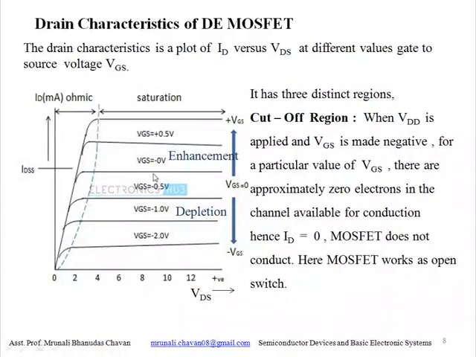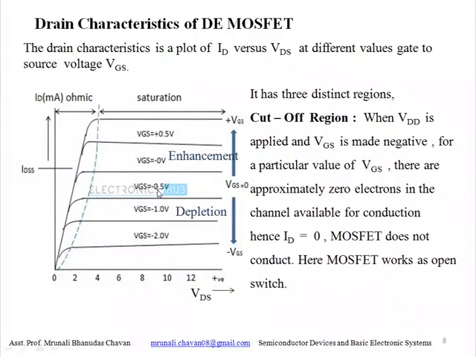If we see here, this is VGS equal to 0. Above VGS equal to 0, it will operate in the enhancement mode, and below 0 it will operate in the depletion mode.